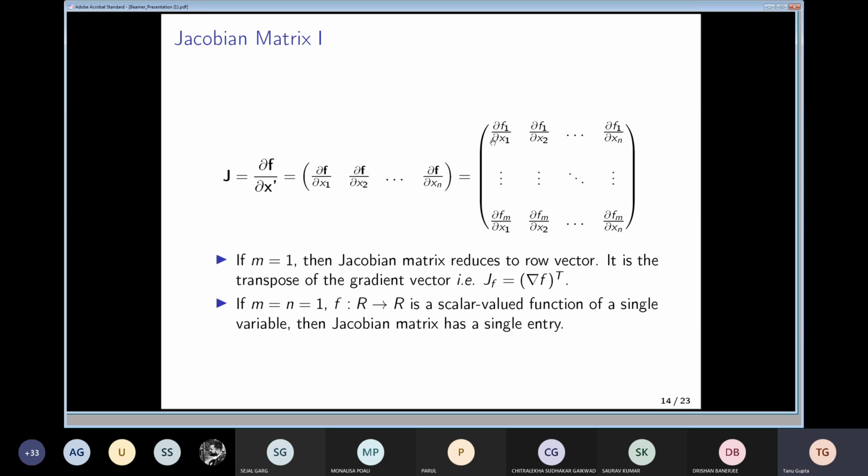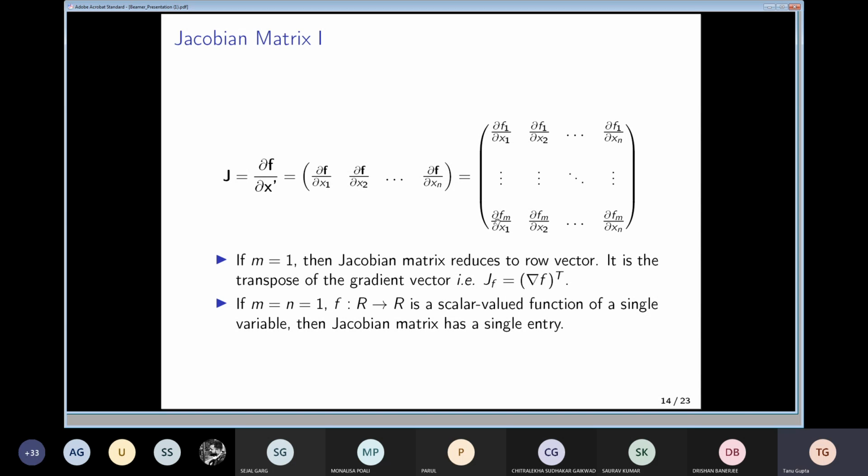Let's take the rows. The first row is nothing but the partial derivative of the first element of y with respect to all the elements of vector x.